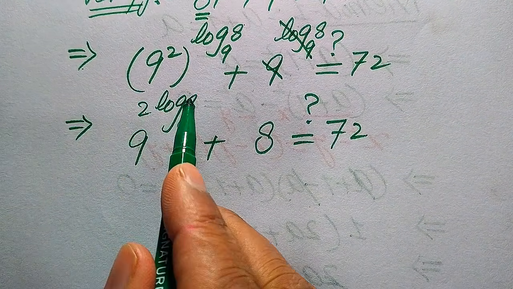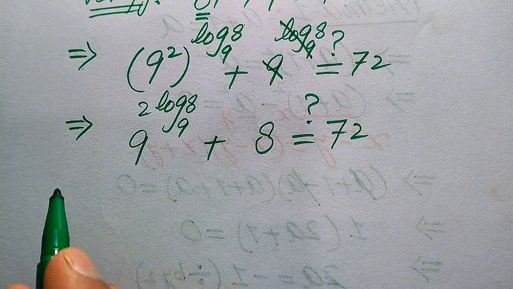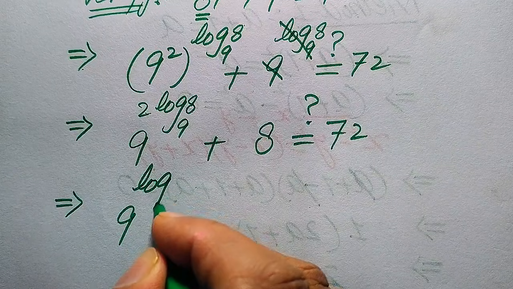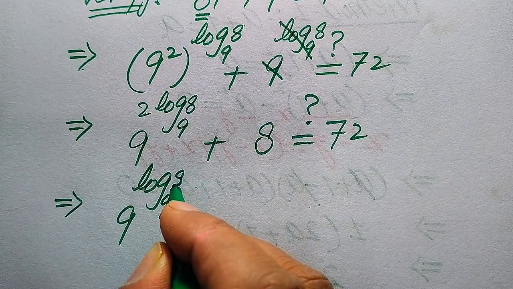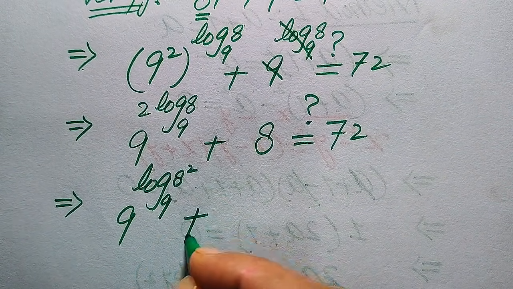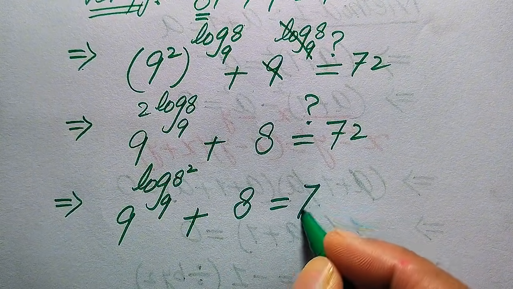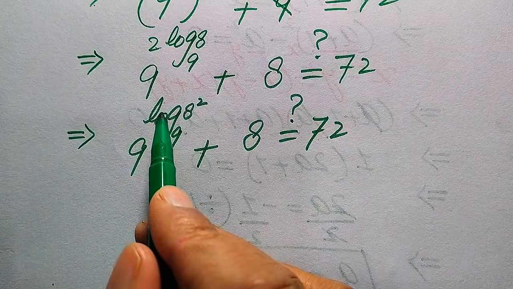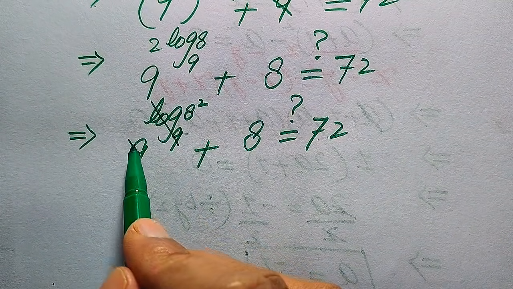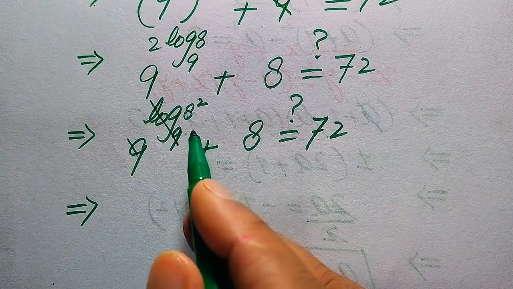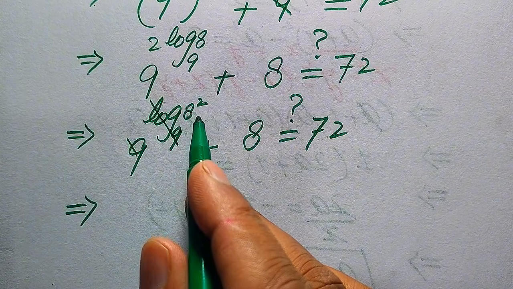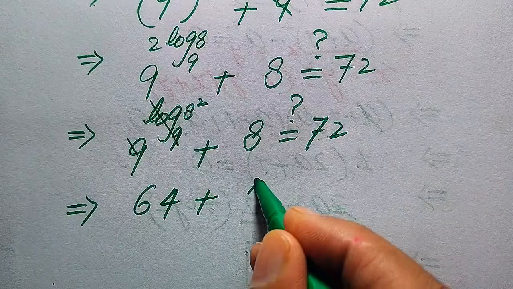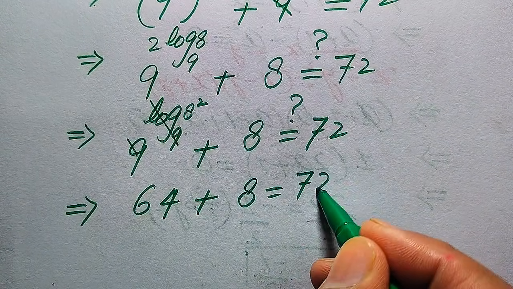So here we move this 2 in front, into the exponent of 8, and it will be written as 9 to the power of log 8 squared with base 9 plus 8 is equal to 72 or not. Again you see here this log base 9 and this 9 cancel out each other, and here we get 8 squared, and we know that 8 squared becomes 64, plus 8 equals 72.